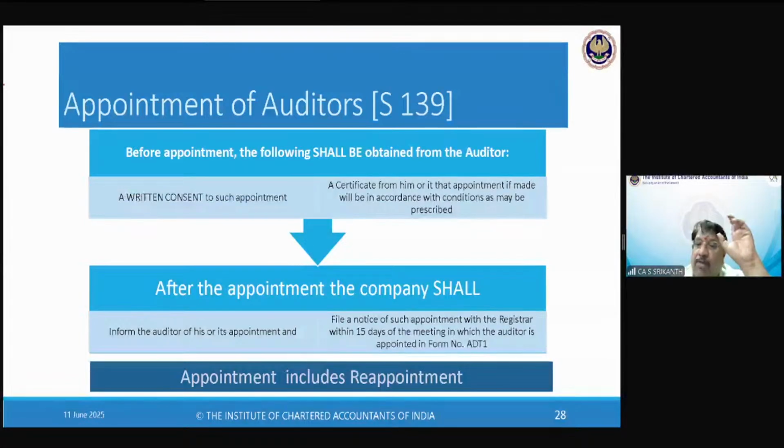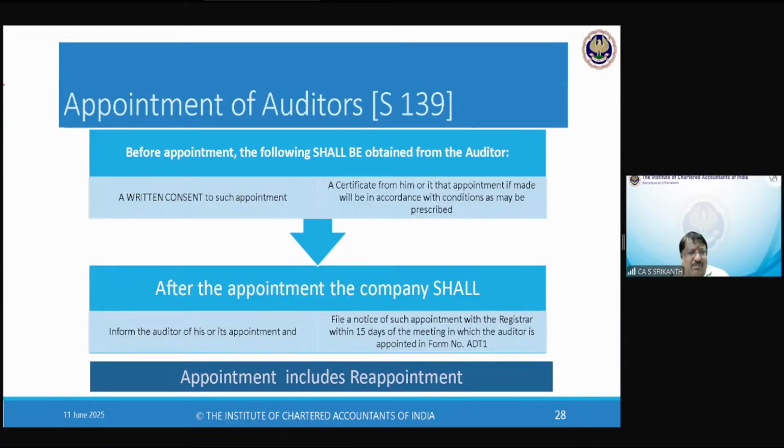The Ministry of Corporate Affairs will constantly monitor whether each firm and each partner is within the limit of 20 or not. In case any partner is violating, they will take action, and also disqualification. Straight away, that company will have to get another auditor.